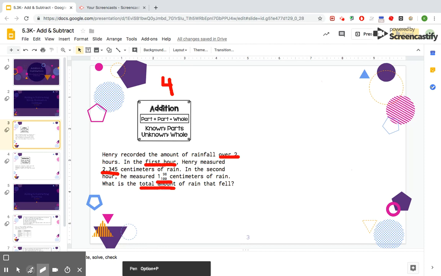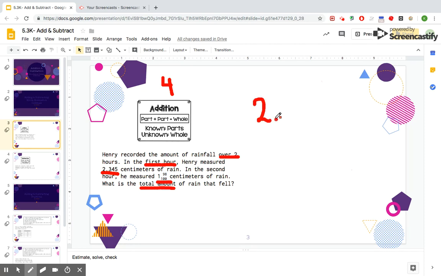Now that I have an estimate, I am ready to actually add. Another super important thing that I have to keep in mind when I'm adding decimals and whole numbers is that I have to line up my numbers based on their place value. Whenever I have decimals, that's pretty easy to do. All I have to do is make sure that that decimal is lined up.